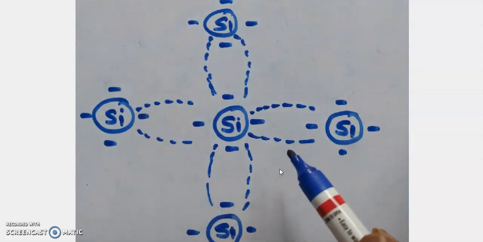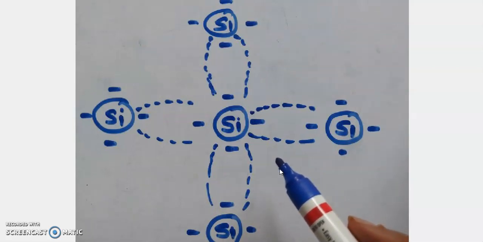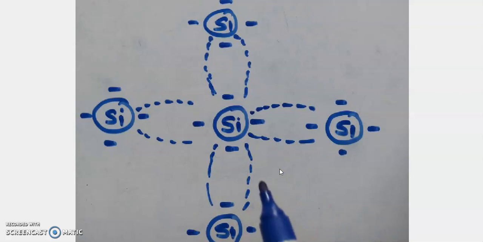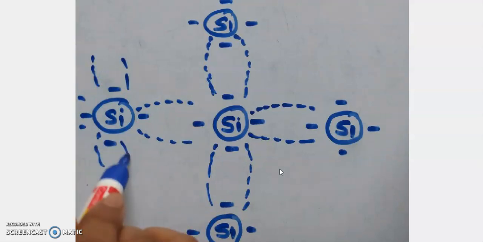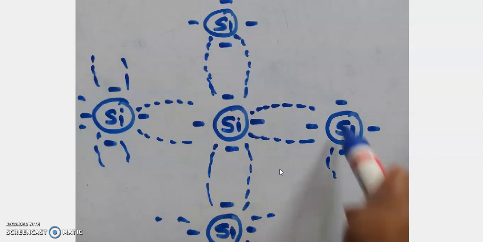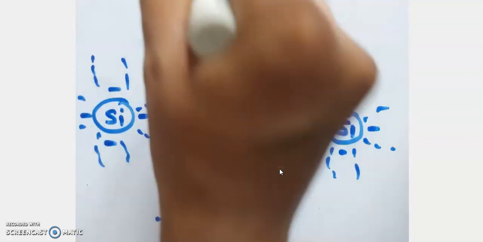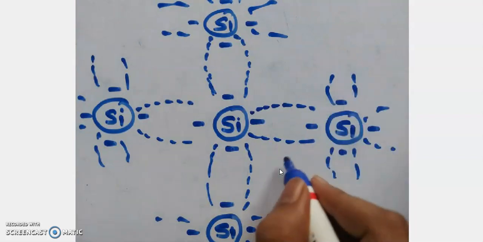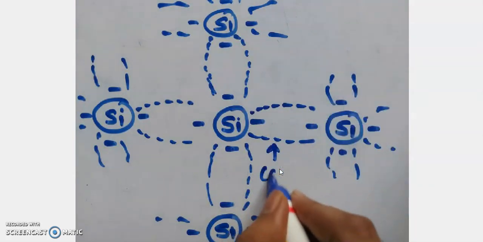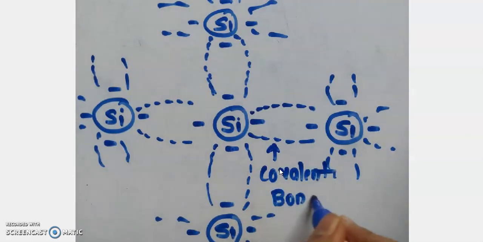So the total electrons right now is 8, and I can consider it a complete element, meaning there will not be any valence electrons. Likewise the other silicon atoms will also go through the recombination process, and because of this there will be a covalent bond formed between the silicon atoms. The bond which you can see over here is considered a covalent bond.